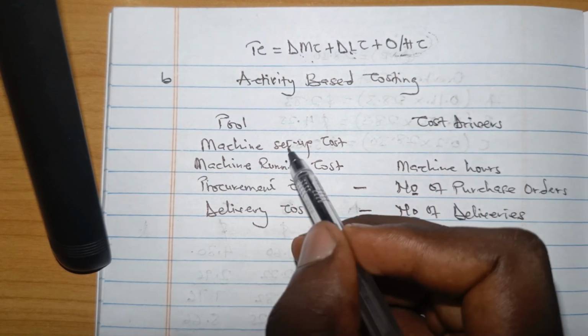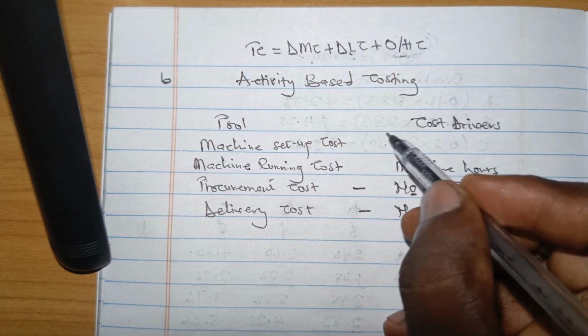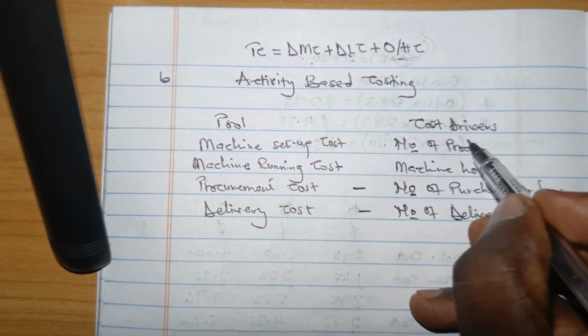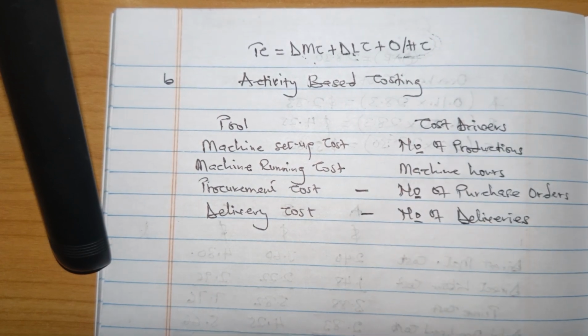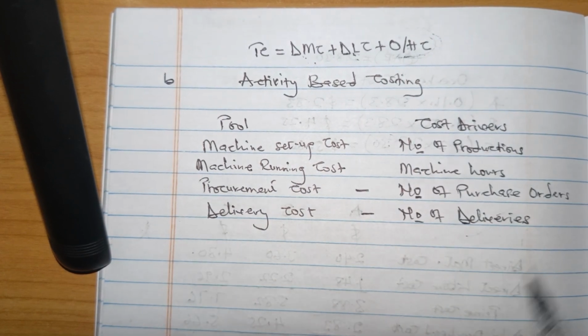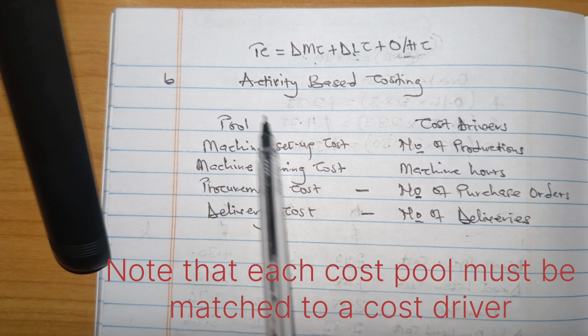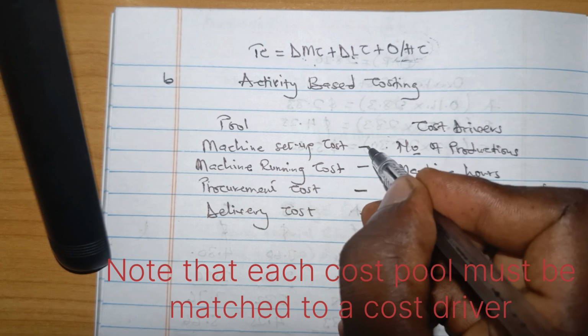Then for machine setup cost, we use the number of production runs. Yes. So if you know this, you can just skip it and move straight to solving the question. But if you don't know, then you just have to follow along. So these are the cost pools with their cost drivers. Do you get it? All right.